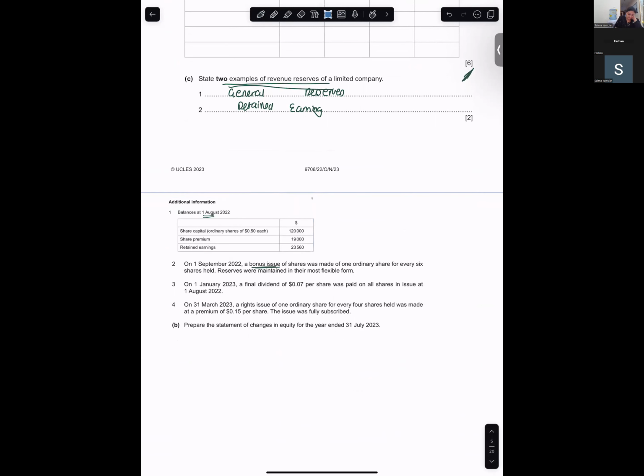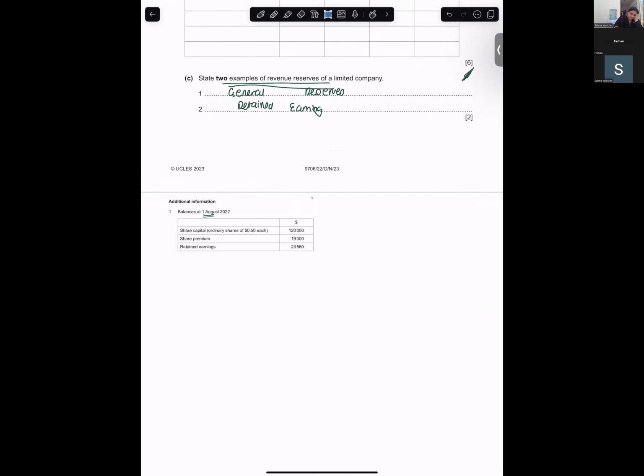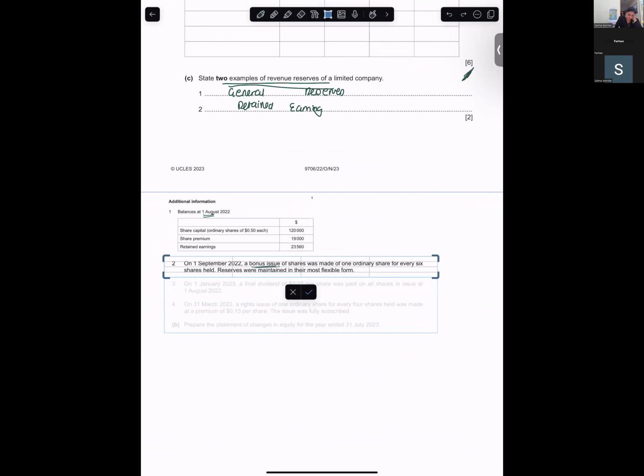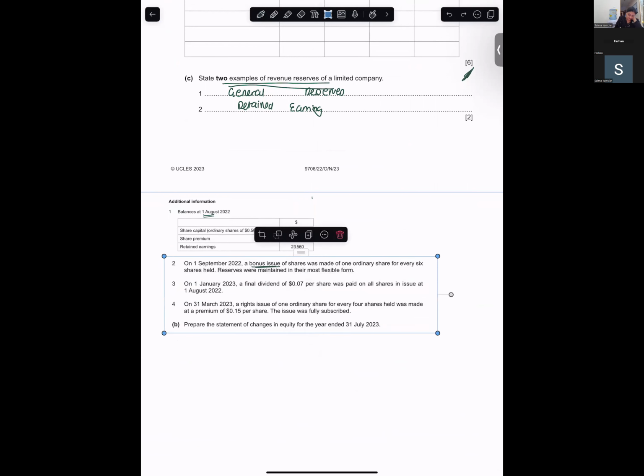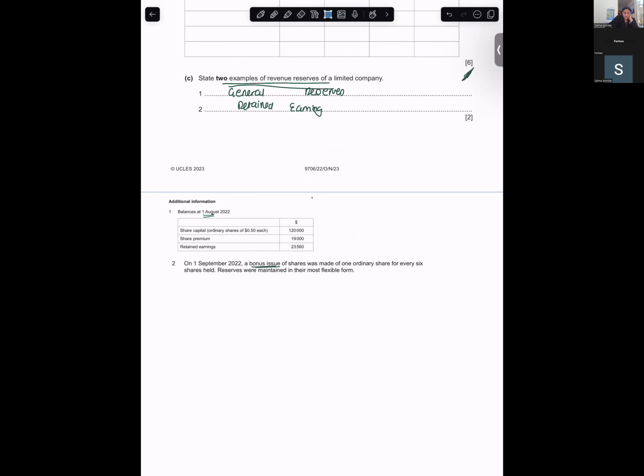If they are giving this free of cost, that means money is not coming in, right? Yeah, the money is not coming in. If money is not coming in, then from where will they give this bonus issue? From retained earnings? From securities premium first.